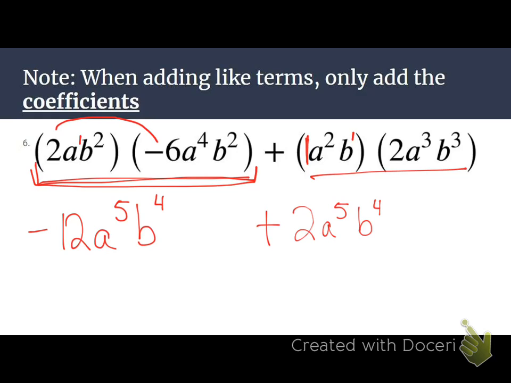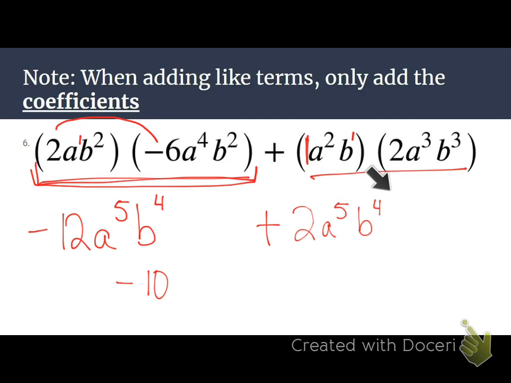So yes, they can be combined. You have to have all letters match up with the same exponents in order for them to be combined. And when we do that, we have to just add the coefficients. So that means I'm taking -12 plus 2.